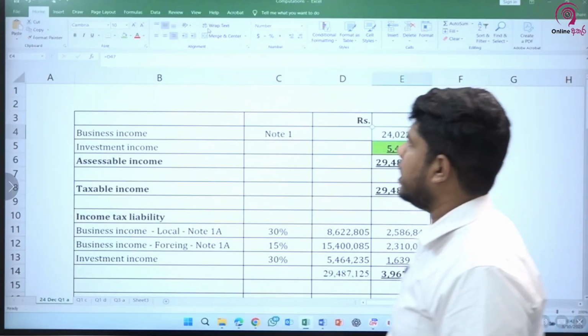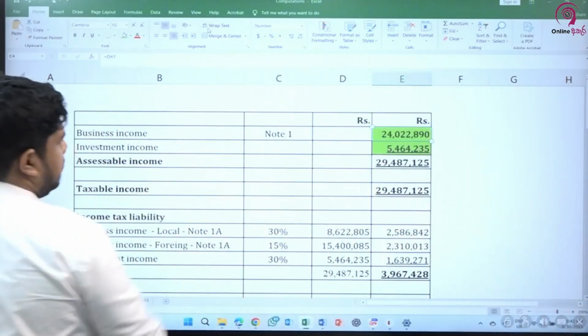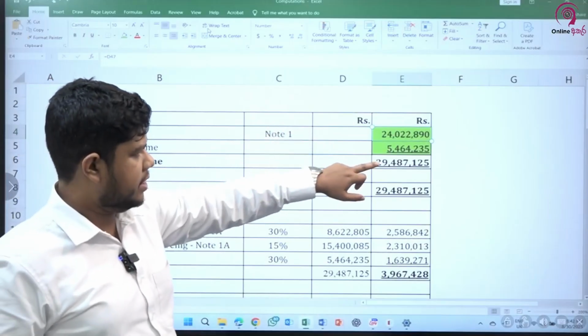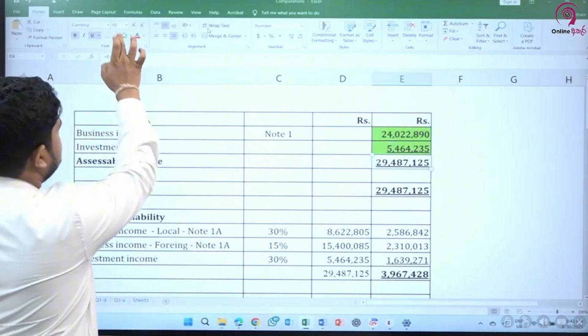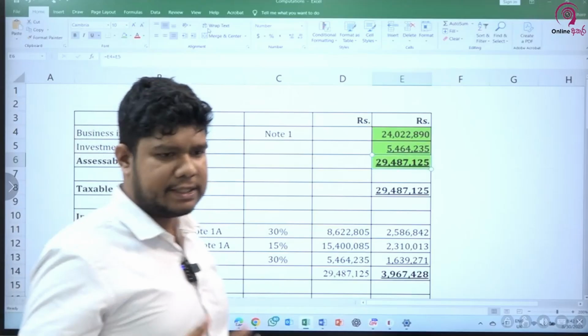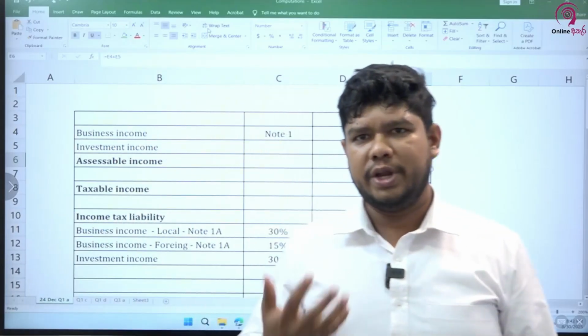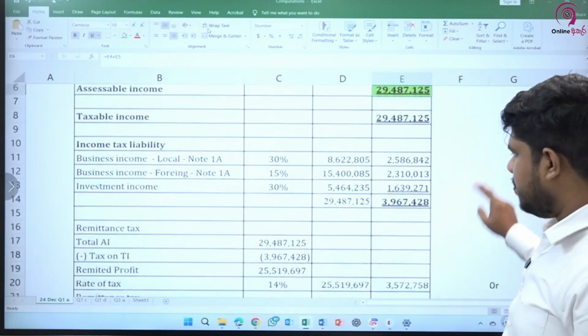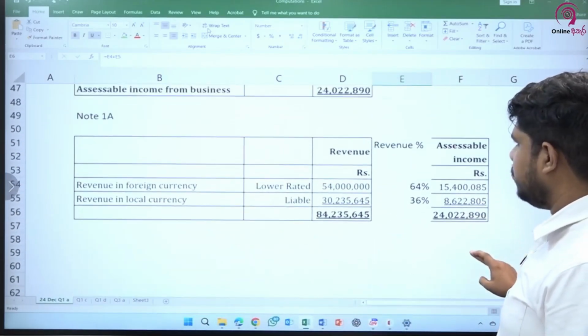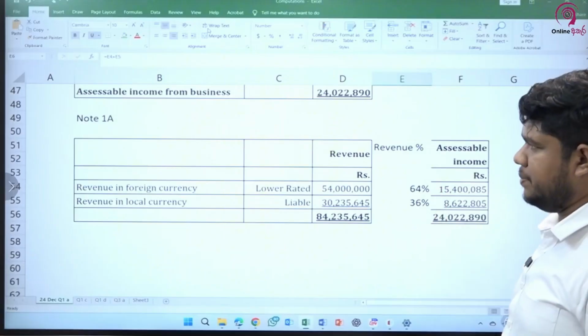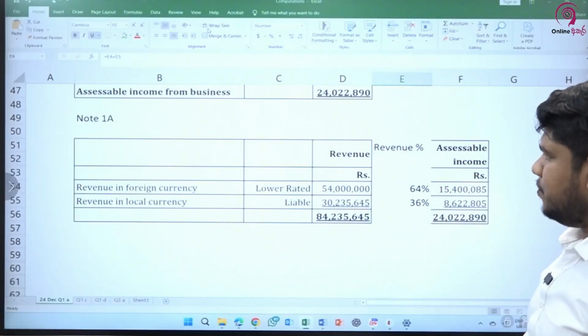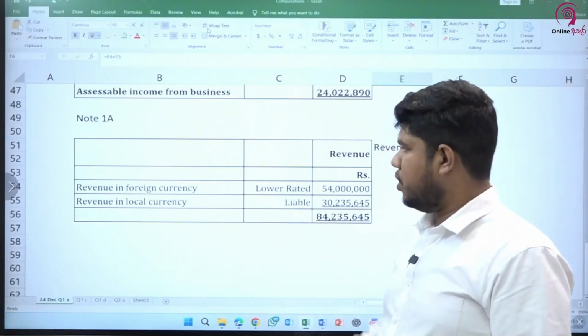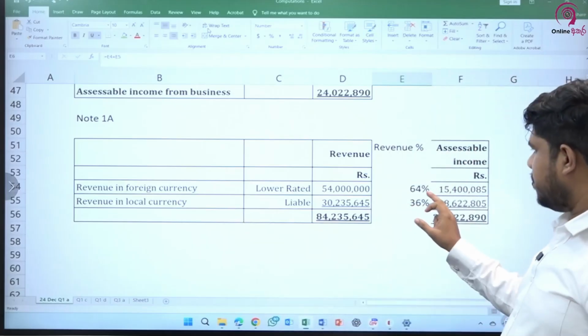Now you have arrived at assessable income from business, and investment income is also there. Now 29 is the assessable income. Next question, students, we discussed earlier the revenue proportion. I said at the end of the question we will understand. We prepared this table, right? We took foreign revenue, local revenue, and took the proportion.